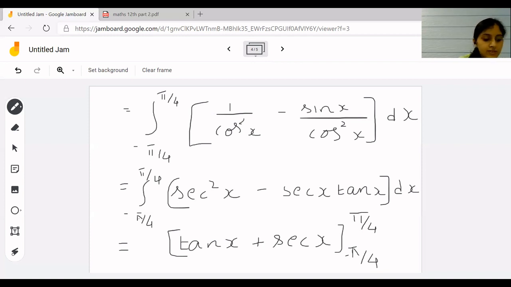So we have tan x plus sec x as the integral value of sec square x minus sec x tan x. Okay, and then what do we do? Substitute the limits, higher limit minus the lower limit.